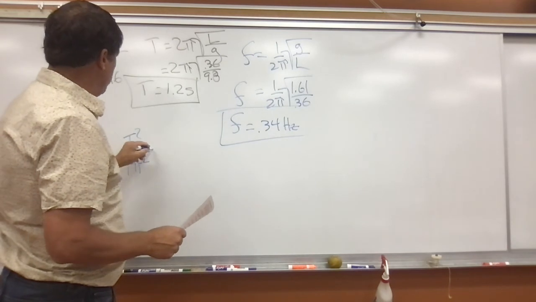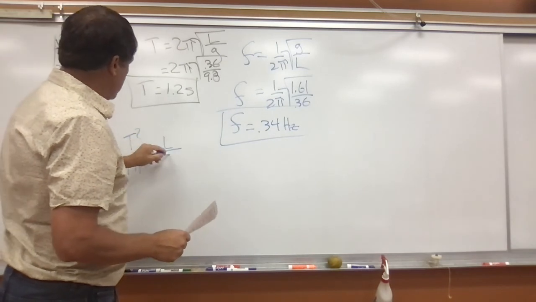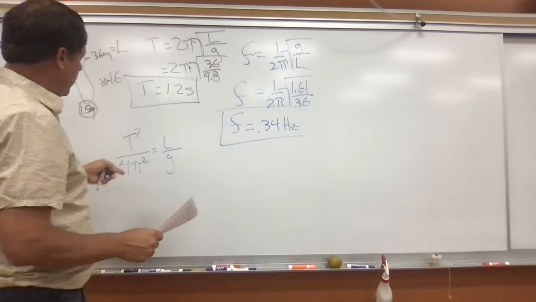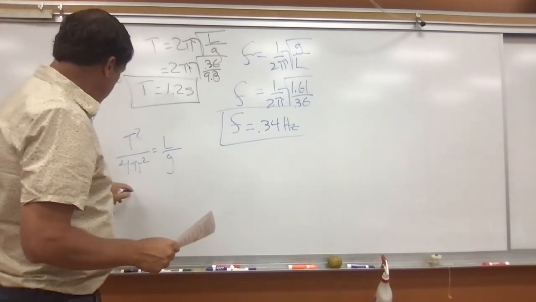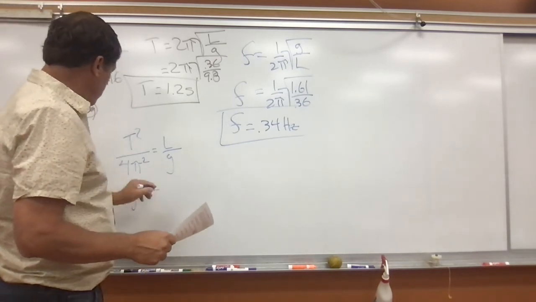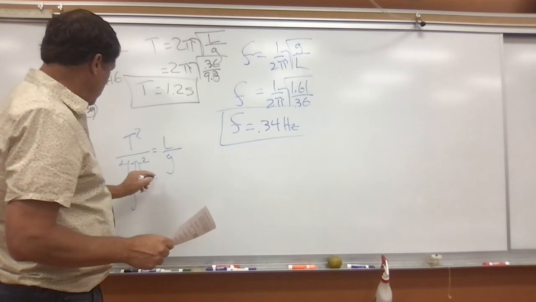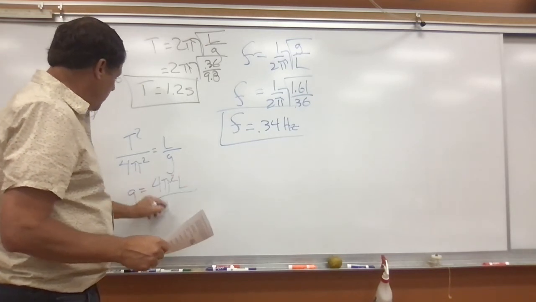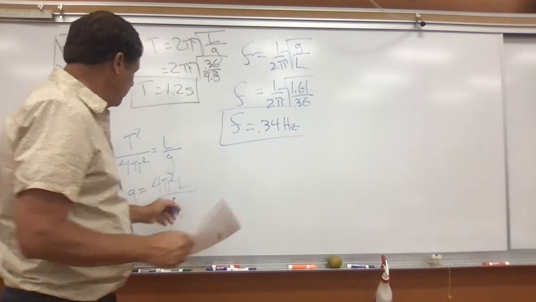And that would be equal to L over G, right? Because we squared everything. And now we want to flip this over. So we're going to have G is equal to 4 pi squared L over T squared. All right.